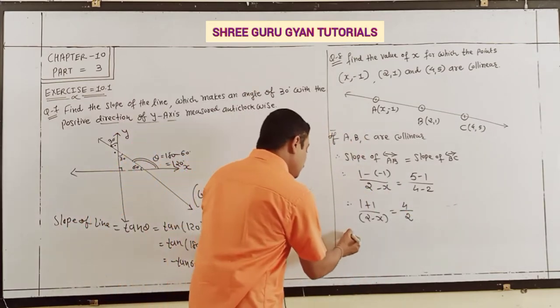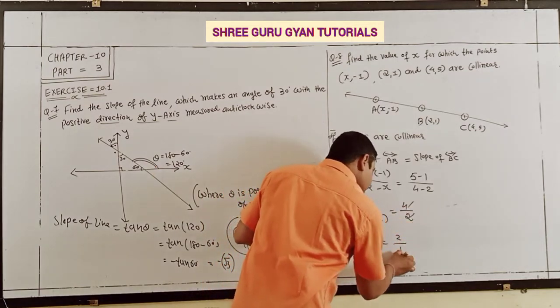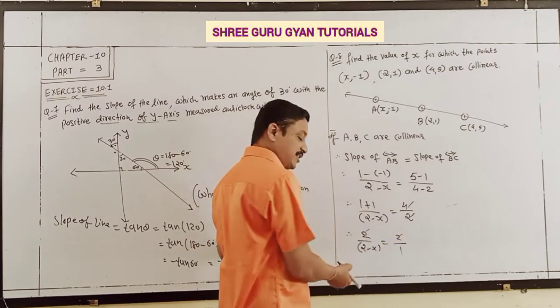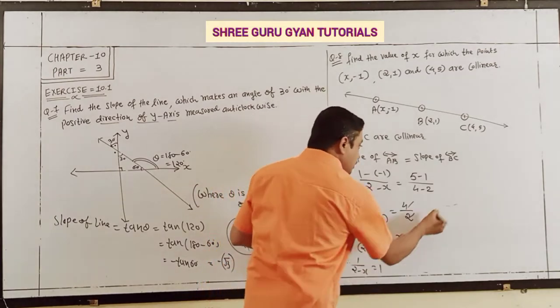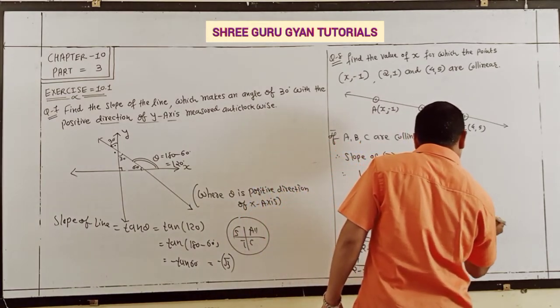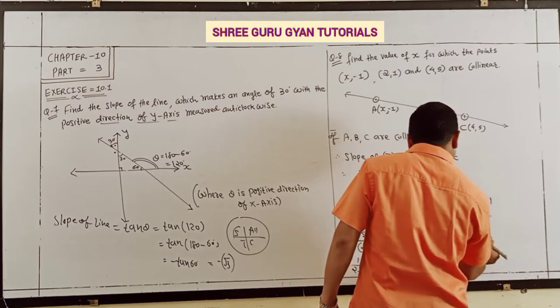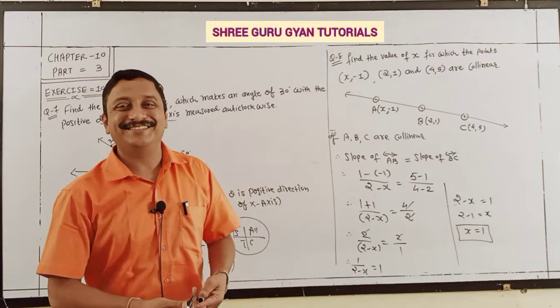So finally, students, you have 2 by 2 minus x, that also cancels. Again you cut it. So 1 upon 2 minus x is equal to 1. It means 2 minus x is equal to 1, 2 minus 1 is equal to x. X becomes, students, exactly 1, and this x value is simply derived.